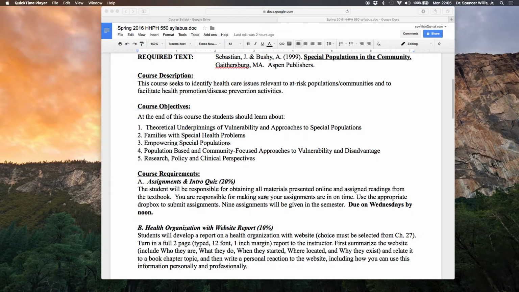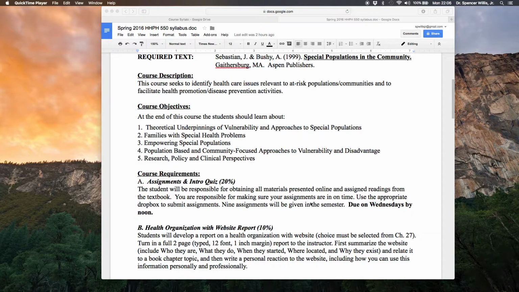Also, in some of the assignments, you may be required to use resources besides your textbook. And when you do that, you have to make sure that you cite those sources with the appropriate APA citations or format. So if you need any additional information about APA format and the guidelines, there's a great website. It's owl.purdue.edu.